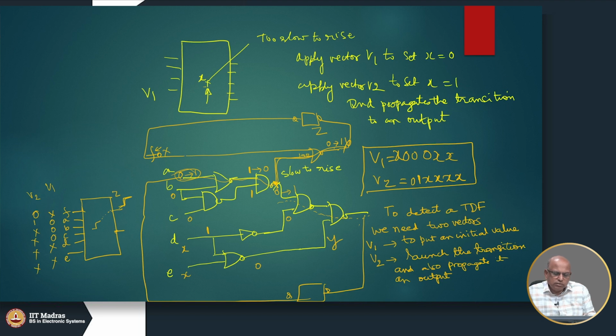We worry that it is too slow to rise. So, what do we do? We start by placing a 0 here somehow. We can work backwards and figure out what will cause this node to become 0. Then we adjust the inputs in such a way that this becomes a 1.